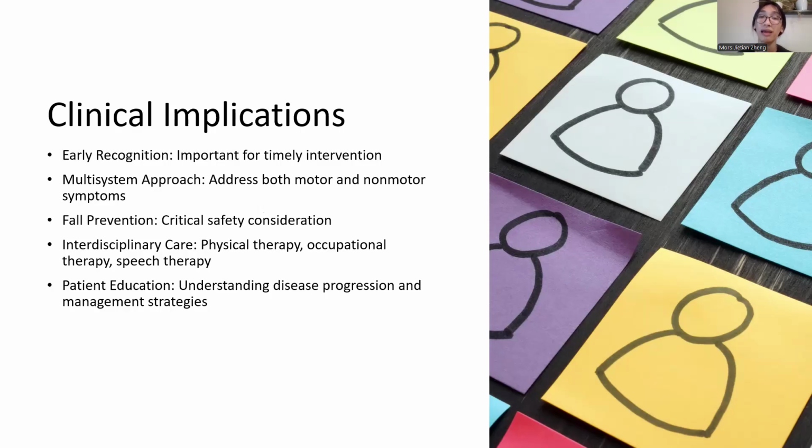Fourth, the complexity of Parkinson's disease demands truly interdisciplinary care involving neurology, physical therapy, occupational therapy, speech therapy, social work, and other specialties as needed. Finally, patient and family education about disease progression and available management strategies is essential for optimal outcomes and quality of life.